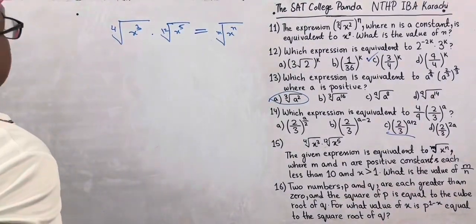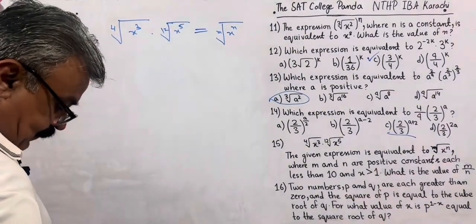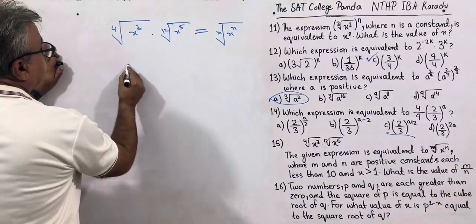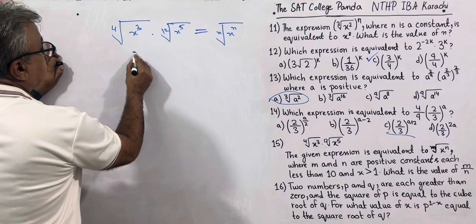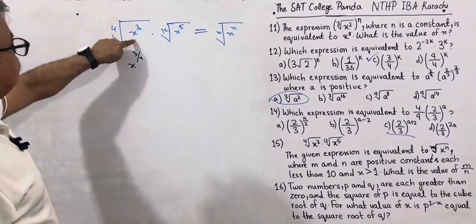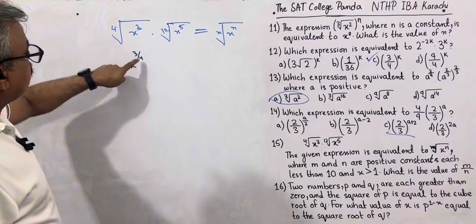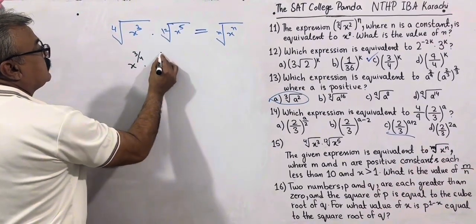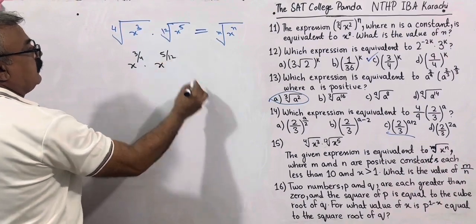Let's see and find out. We have the fourth root of x cubed. This can be written as x raised to 3 over 4. The 12th root of x to the power 5 can be written as x raised to 5 over 12.